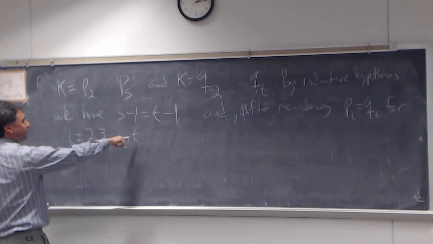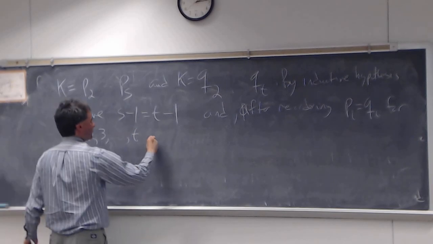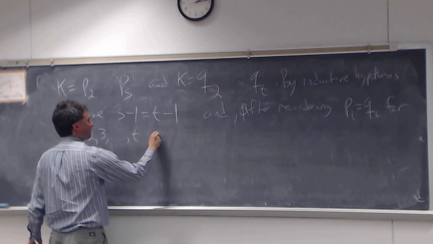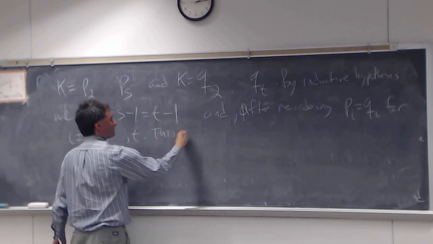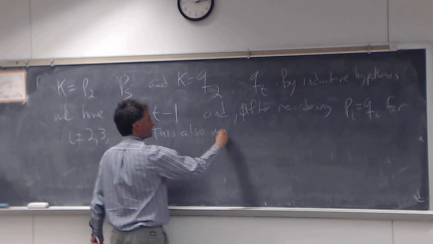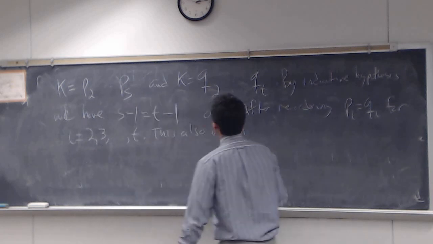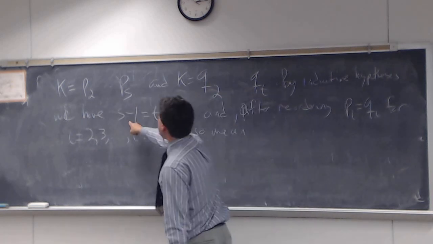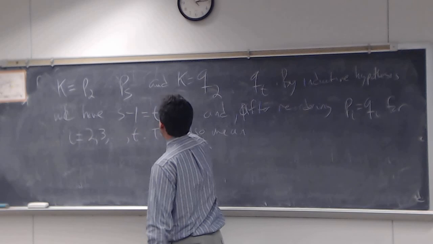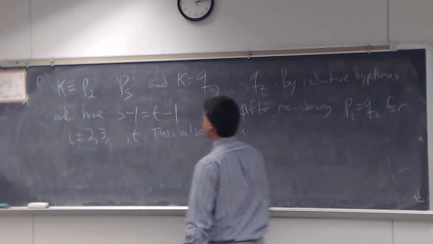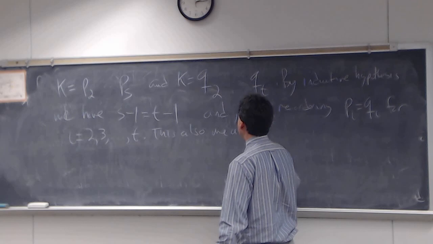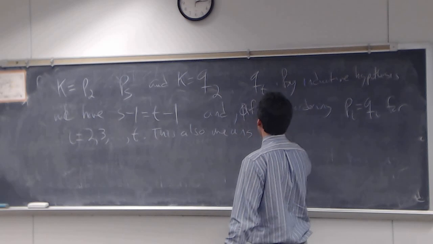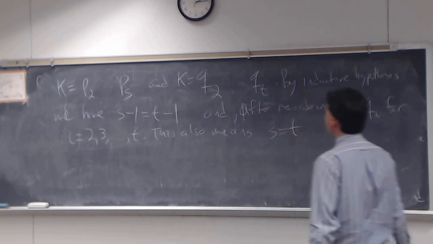And then this also means, since there are s minus 1 factors, which has to equal t minus 1 factors, s minus 1 equals t minus 1. That also means s equals t.